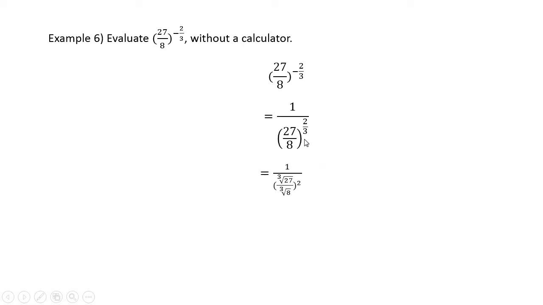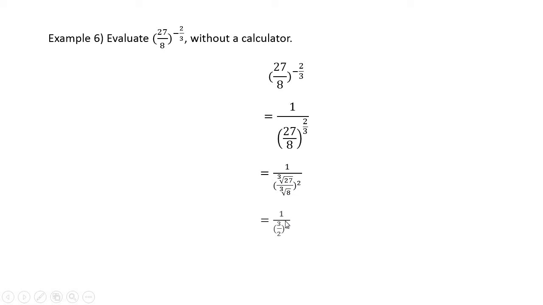And now you apply this exponent to everything on the inside, but using the multiplication rule with radicals, I'm just going to choose to apply the 3 to be the index on the top and bottom, and then I'm going to keep the squared on the outside.